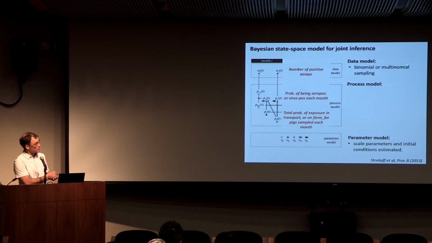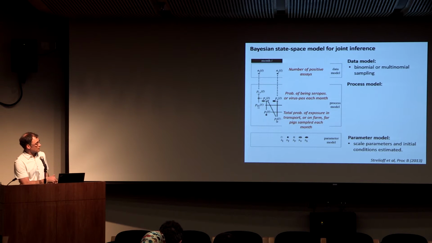We call the observation process the data model, and that consists of just binomial or multinomial sampling from whatever the true population distribution of disease is. And the process model, which I'll go into some more detail on, describes the actual transitions in the disease states in these pigs. And then there's a parameter model underpinning all of it, which is basically a set of priors and ultimately posteriors on individual parameters.